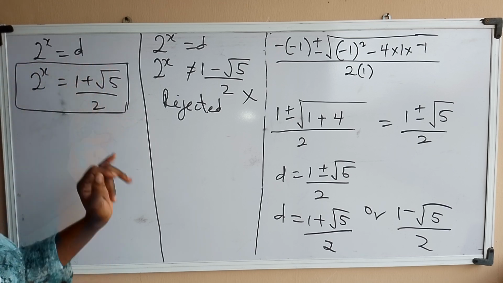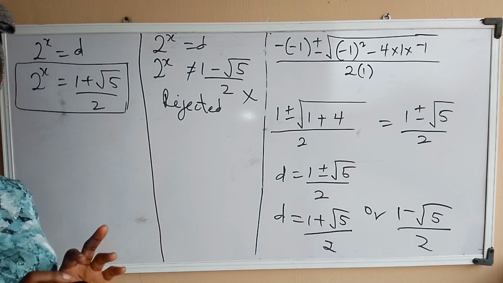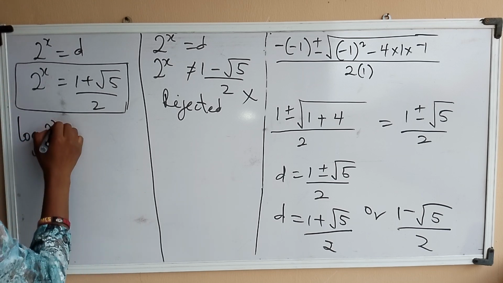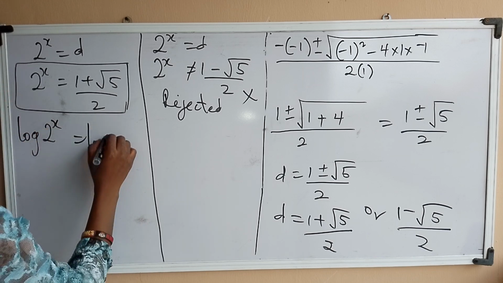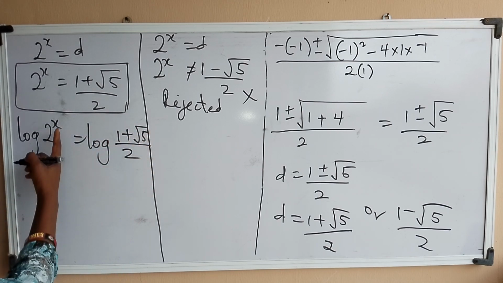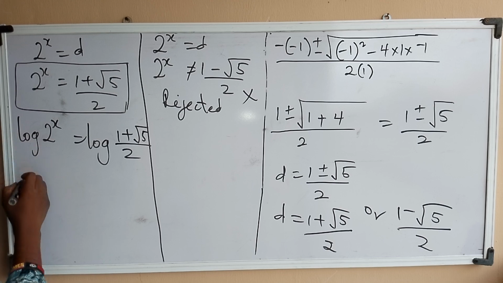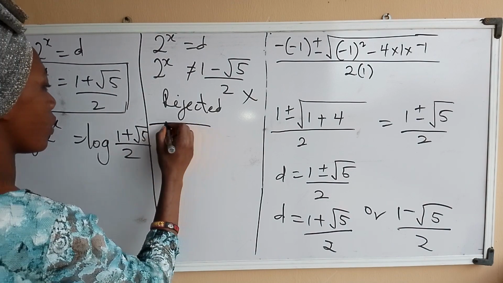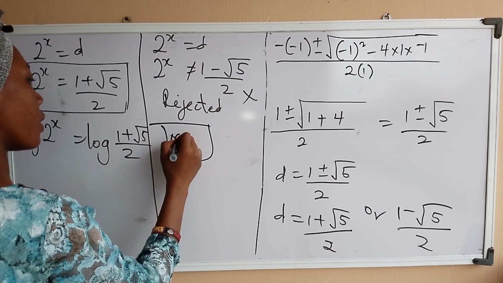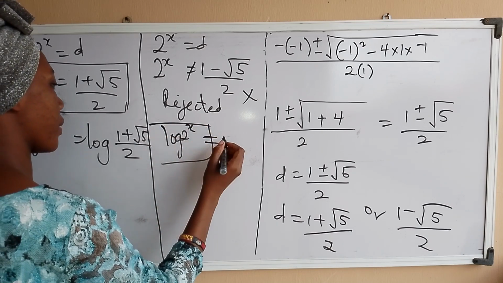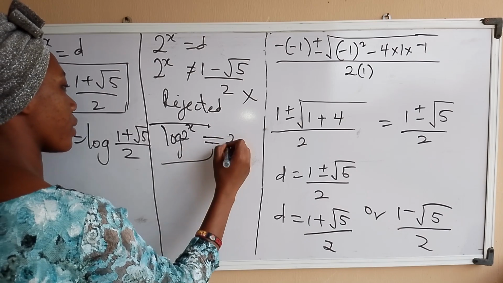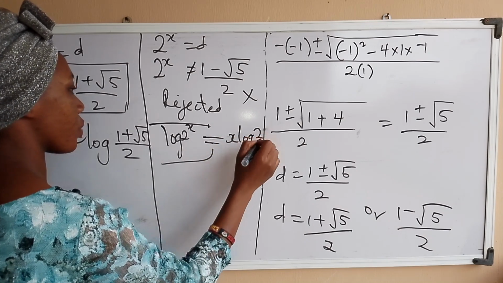Now, looking at this question, the only thing we can do here is to find the log of both sides. So we take the log of both sides. Next thing we're going to do is to bring down this x to this side, following the law of logarithm that says log 2 to the power of x is the same thing as x log 2.